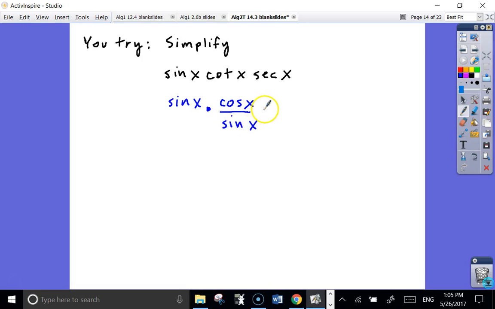Okay, how about the secant? How do you turn that into sines or cosines? 1 over the cosine, right? And now you can see the sine cancels with the sine, and the cosine cancels with the cosine. So the whole thing is 1. Done.